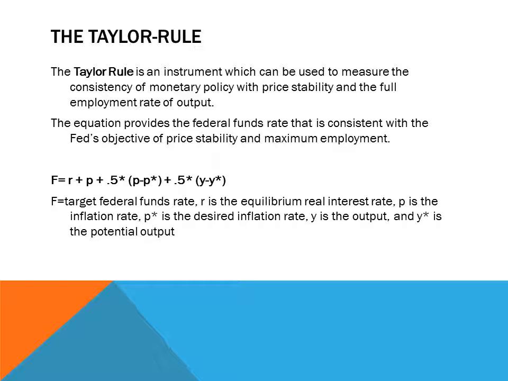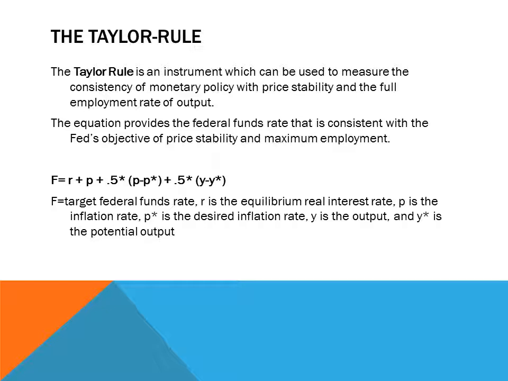So we can see the relationship here where F is our target federal funds rate, R is the equilibrium real interest rate, which is generally assumed to be about 2.5% in the long run. P is the inflation rate, and P star is the desired inflation rate. Y is output, and Y star is potential output.